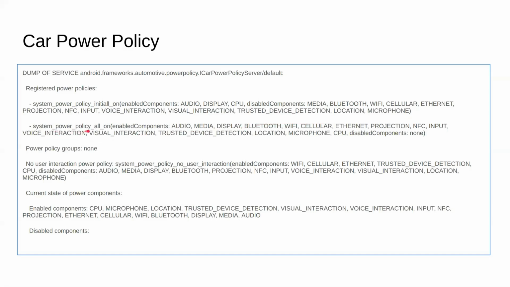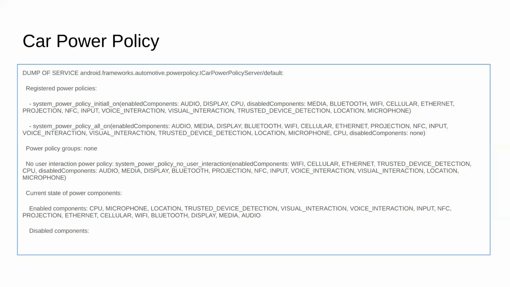The system power policy all on, this is when we receive the AP power state request on from the vehicle processor, which is an indication to turn on all the peripherals. So if you see here, when the power policy all on is enabled, we have everything enabled, including projection, NFC input, everything, and the components that are disabled are none.